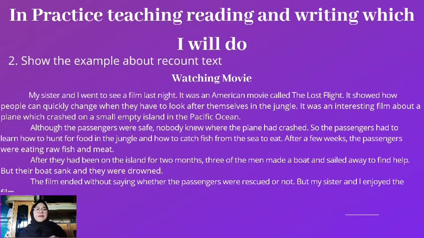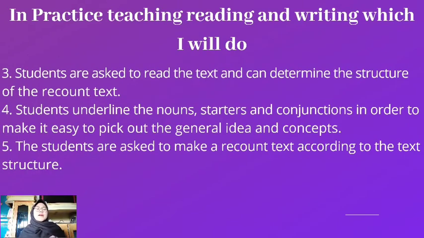And the second step, after explaining about recount text, I will show an example of a recount text with the title Watching Movie. You can see it in the PPT. And the third, students are asked to read the text and determine the structures of the recount text.